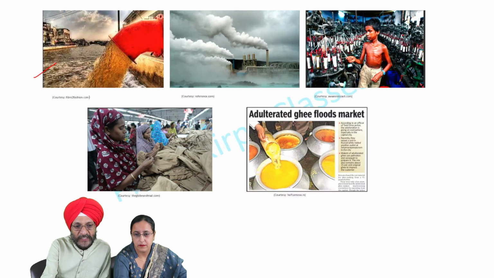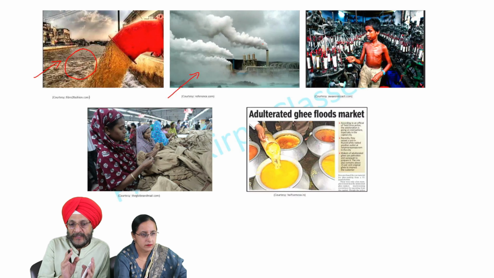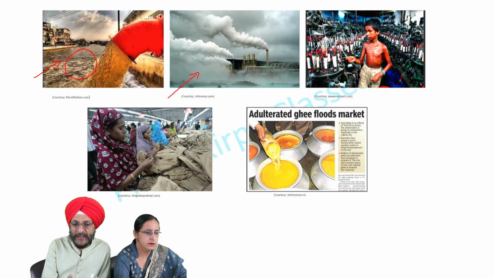In this first picture, you can see that polluted water is coming out of some factory. This polluted water is causing a lot of pollution in the water bodies, which may be river or lake. In the second picture, you can see that air pollution is being caused by many factories.